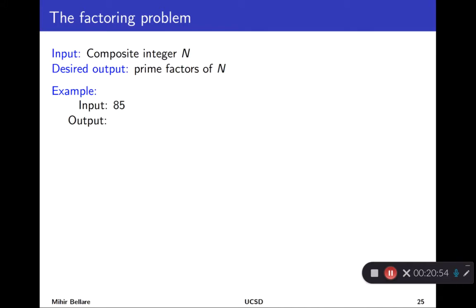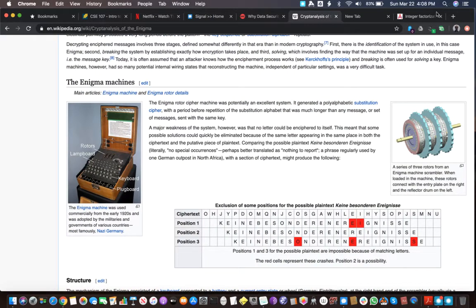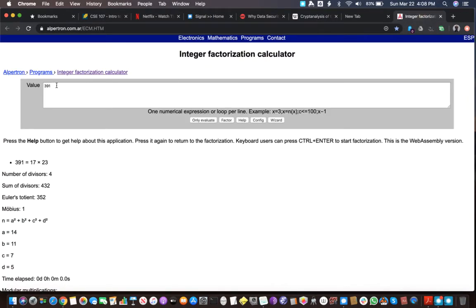So please find the prime factors of n. So for example, let's take 85 and say, okay, what are the prime factors of 85? So that's not hard to do. For example, I can nowadays just get on the internet and find an integer factorization calculator, type in 85 and say factor.